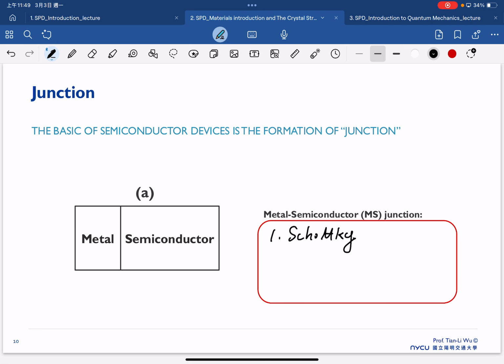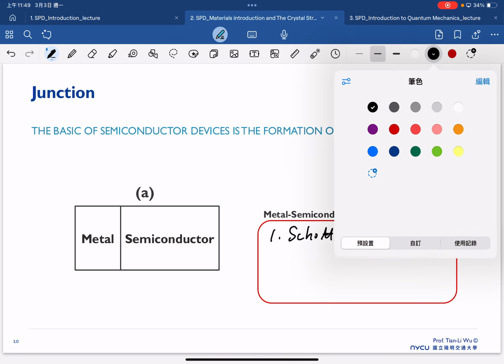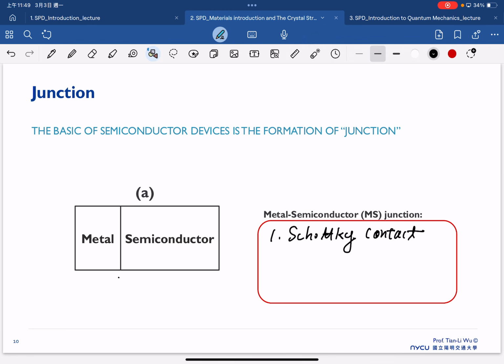So once we put the metal on top of semiconductor, we can form one type of junction, what we call the Schottky contact. And the typical characteristic for the Schottky contact is like this one.